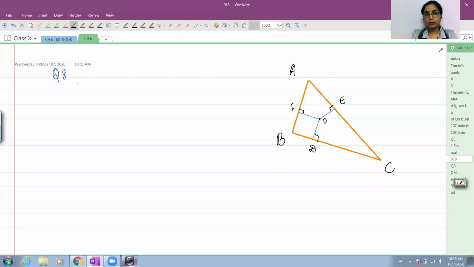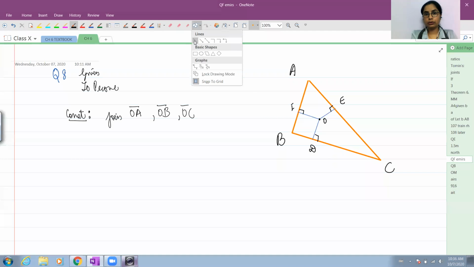The first step will be, you can write down the given and the to prove part. After this, we would like to construct according to the result that we require. We want to join the line segments OA, OB, and OC. And why do we need to do this? Because it's actually required in the question. The parts in the question require joining these with each other. So let's join these. You can join them with a dotted line, or you can just directly join them as such.